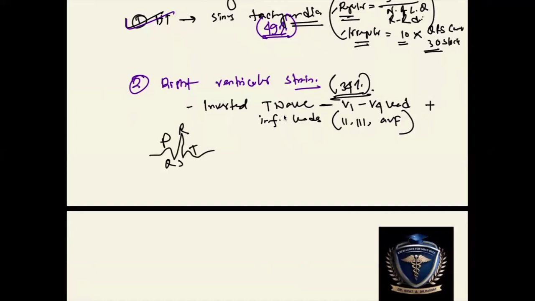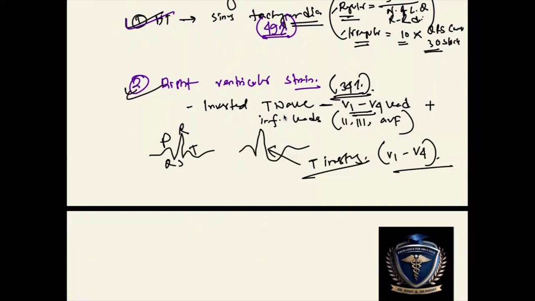So in case of right ventricular strain pattern, the ECG will be P Q R S T, and this way there will be T inversion. The T inversion will be present in leads V1 to V4. So where do we look for the T inversion in pulmonary embolism?